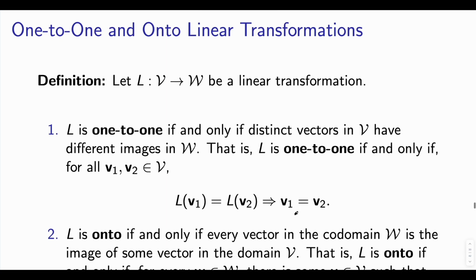Now we will see when we say that a transformation is one-to-one and onto. So by definition, L is a linear transformation from V to W, and we know L is one-to-one if and only if distinct vectors in V have different images in W. That we have already seen as per the definition. So L(V1) equals L(V2) implies V1 equals V2.